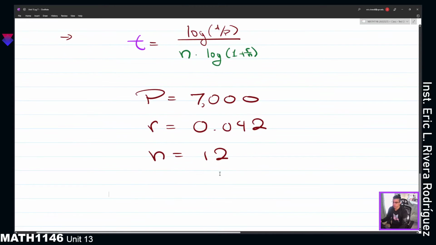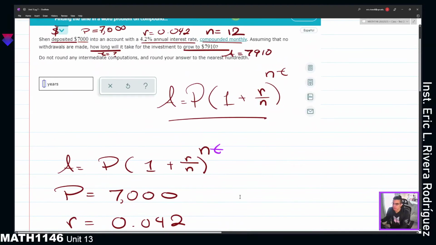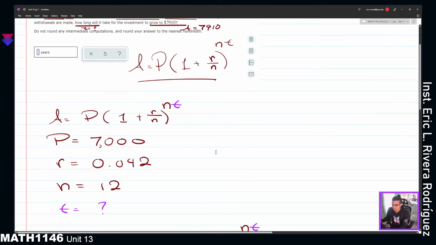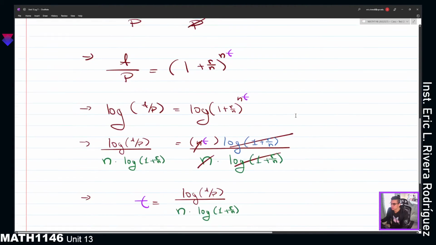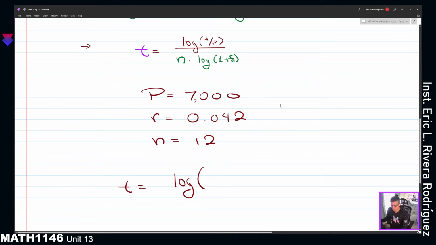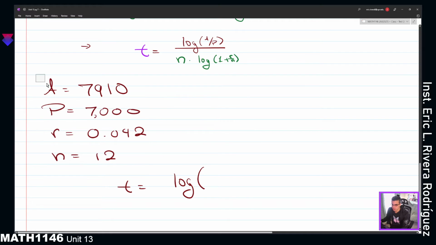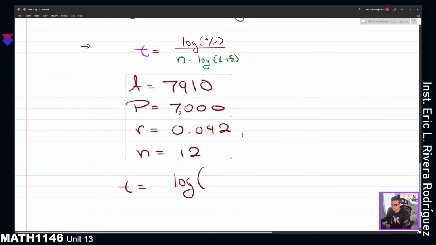Okay. So it would be t equals log. Oh, I missed one a. So a is 7,910. So these are the values for the variables.